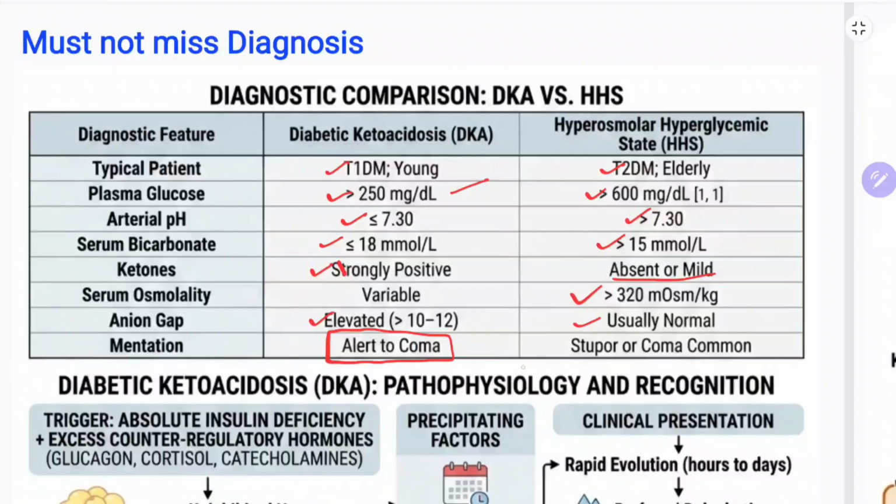Anion gap is usually normal, and presentation is usually a central nervous system presentation. Here involvement of central nervous system takes place after some time, but HHS patients usually present with CNS symptoms. So basic difference I said.